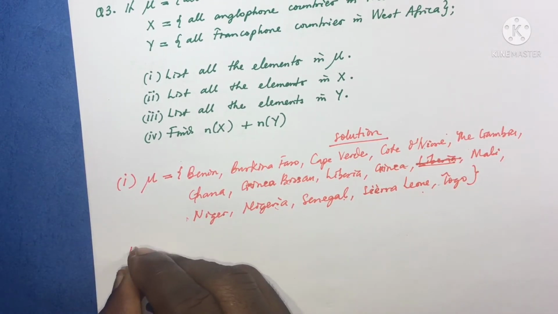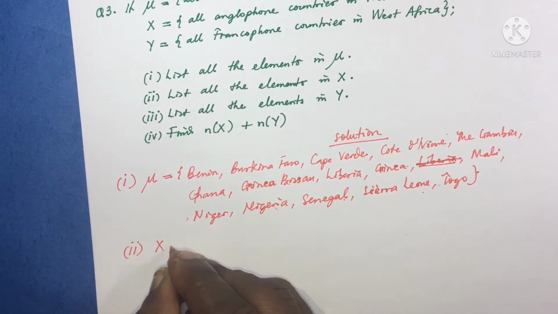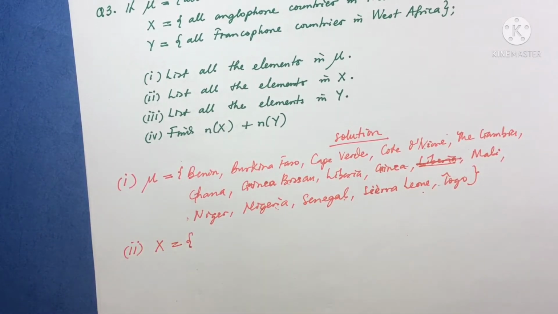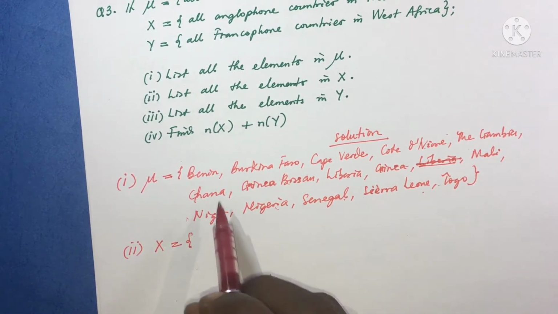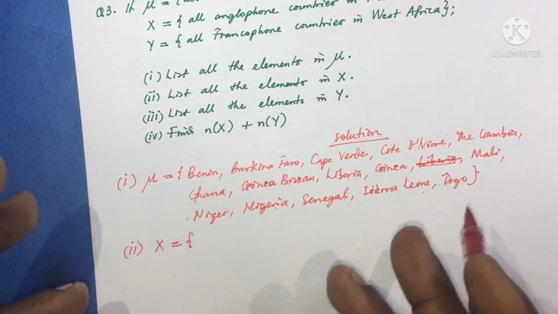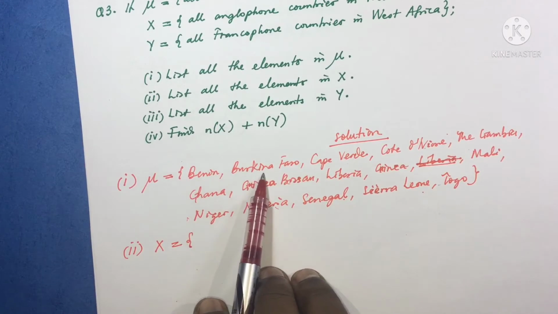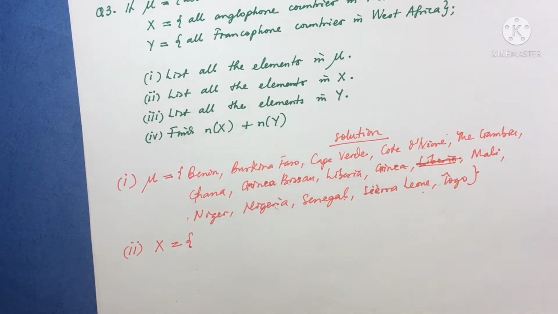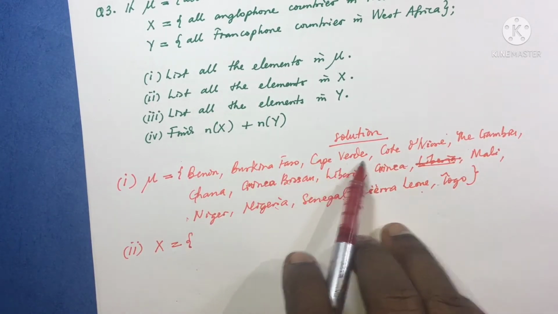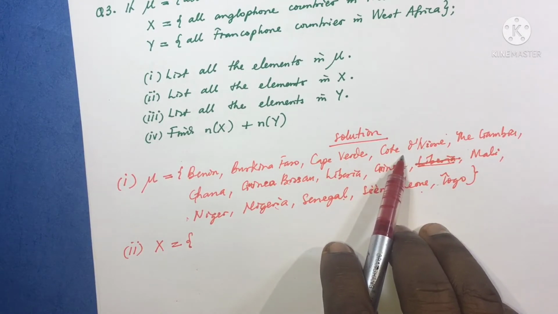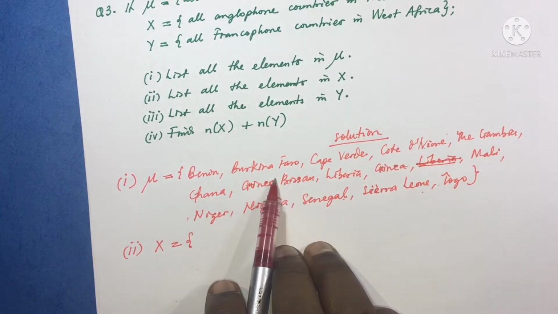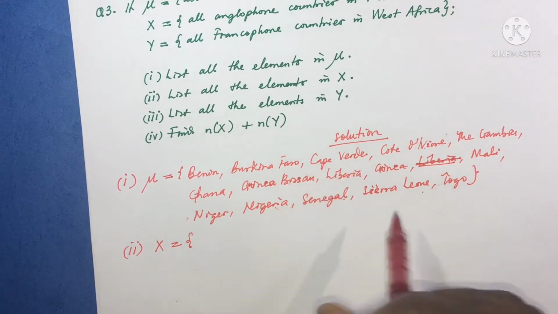Now let's see, for question number 2, X, we are asked to identify the Anglophone countries in West Africa. So let's see. Anglophone countries are the English-speaking countries, of which Benin is not among. Burkina Faso, I think, Cape Verde, Côte d'Ivoire is a Francophone country. Burkina Faso should be English-speaking. Okay.